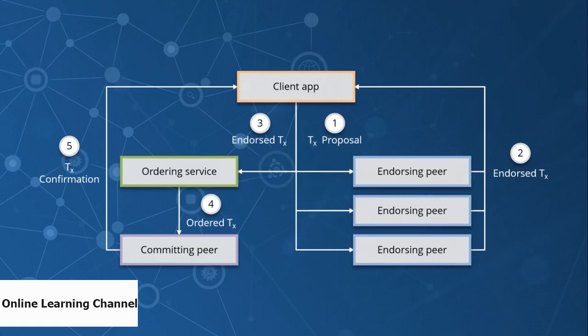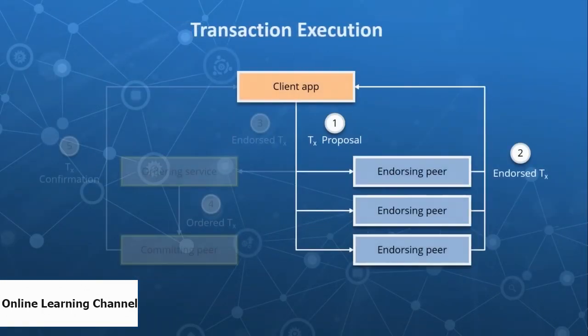We will start off with the first of the three phases which we have discussed in the transaction flow, which is the execution of transactions. The two sets of participants in this process include the client application which initiates the transaction and a collection of endorsing peers which will execute those transactions.